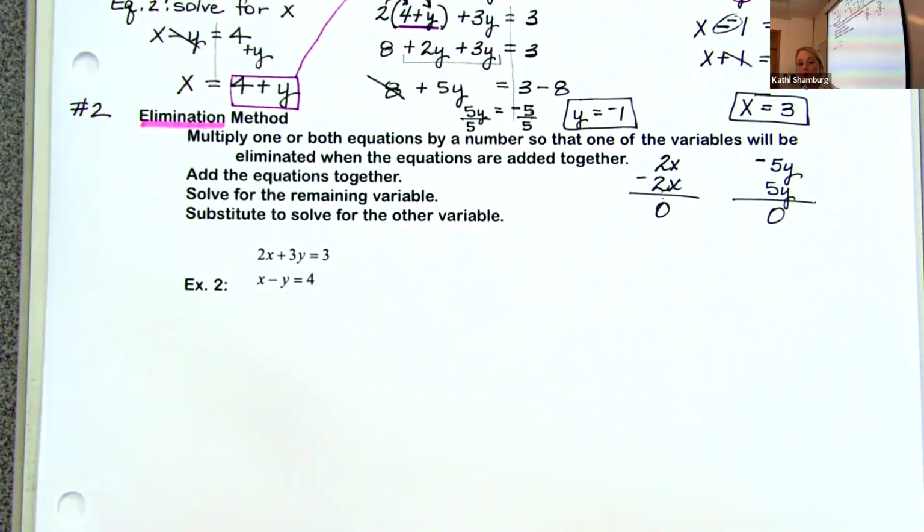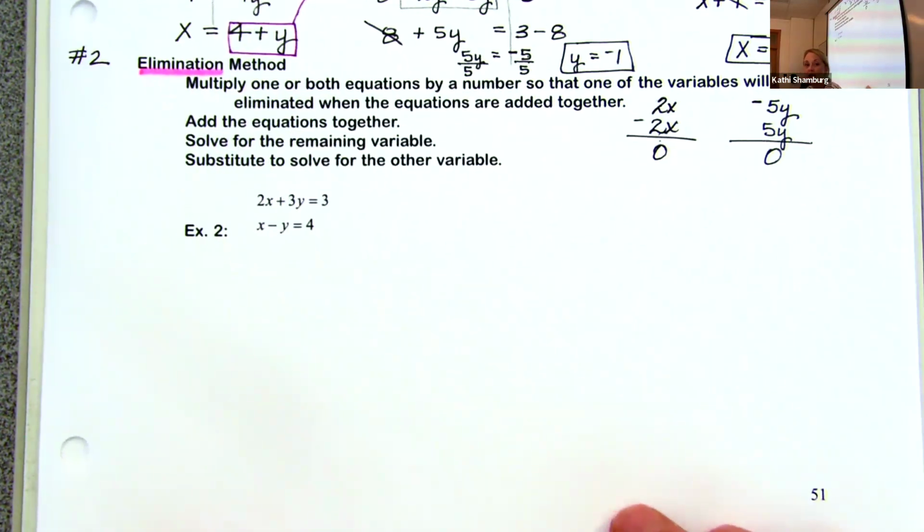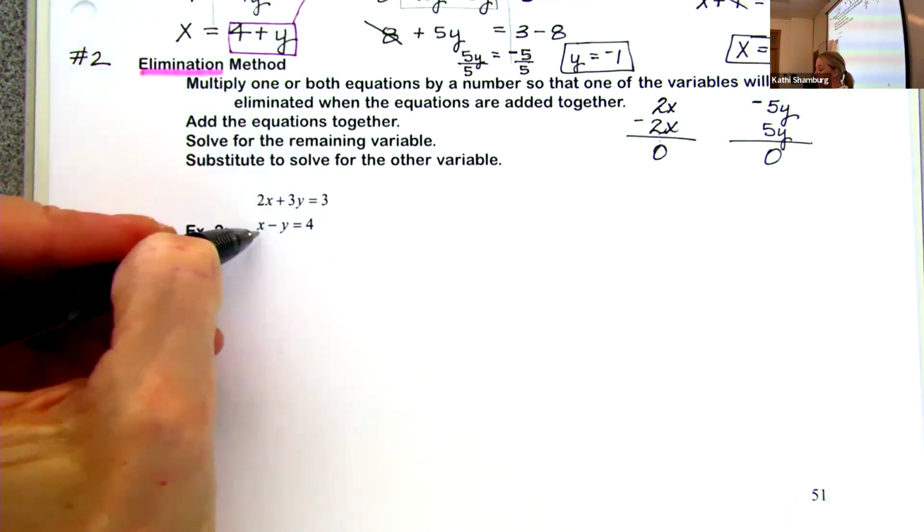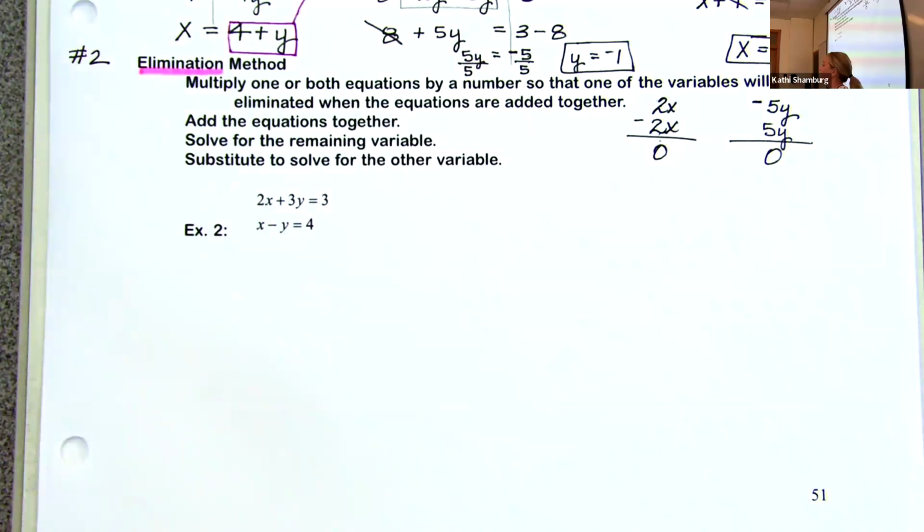All right. So here's my hint when you are choosing how to eliminate either the x's or the y's. Look at both equations and ask yourself, do either of the variables already have the same number in front, like a 2 and a 2 or a 3 and a 3? And they don't, right?